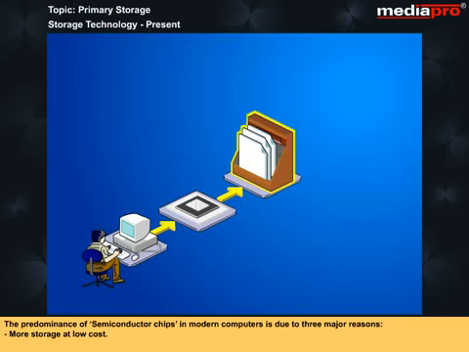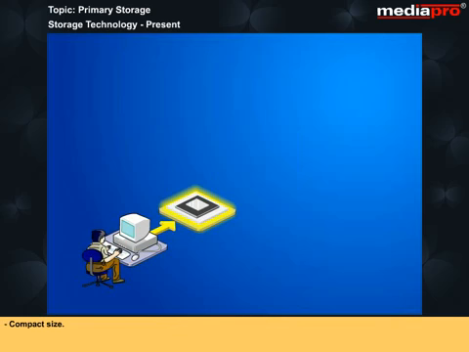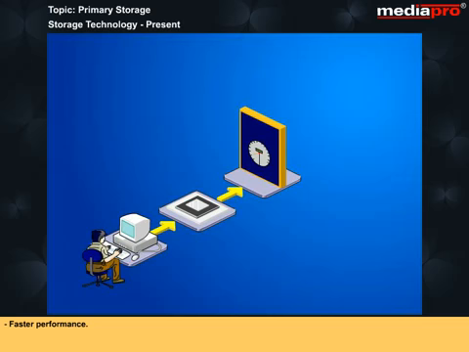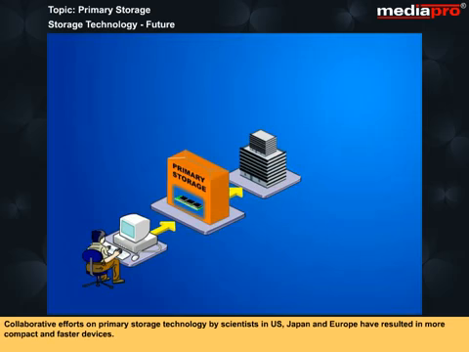The predominance of semiconductor chips in modern computers is due to three major reasons: more storage at low cost, compact size, and faster performance. Collaborative efforts on primary storage technology by scientists in the US, Japan and Europe have resulted in more compact and faster devices.